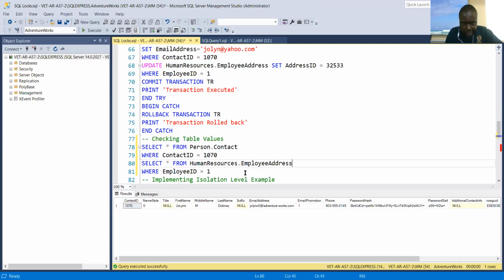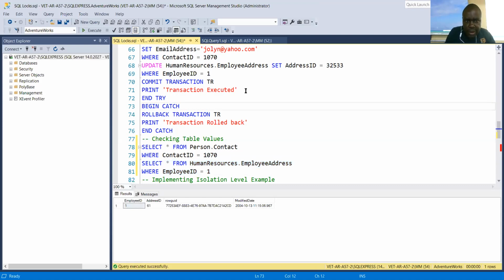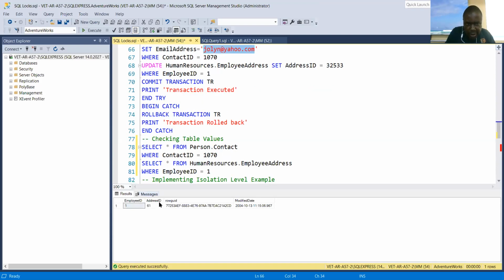Okay. So we have that. The employee ID is that one. So if this transaction is successful, this should be the new address in the other table, and the address ID should be that.